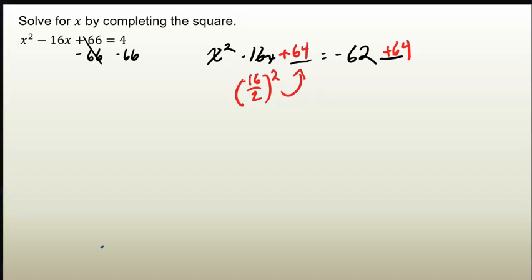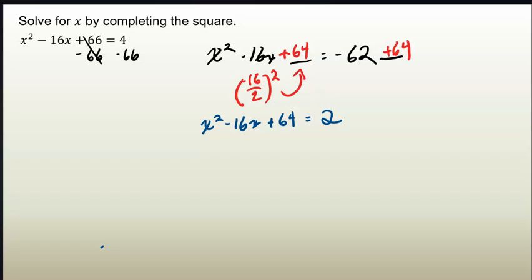I have now created that positive perfect square situation, so I'm going to factor that. I'll rewrite it just for clarity, but I have to factor this x squared minus 16x plus 64. And the question is what multiplies to 64 and adds to negative 16?